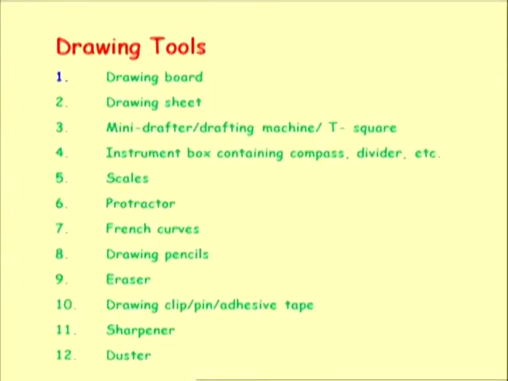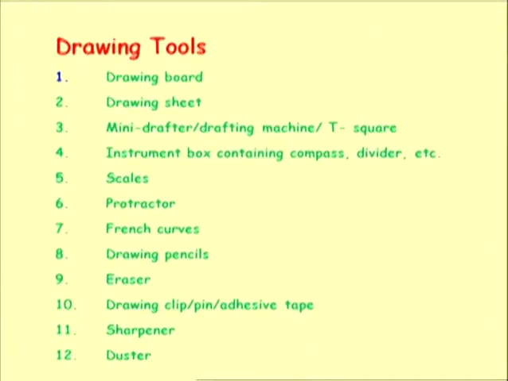There are different sizes of drawing sheets used depending upon the purpose of the application. Then mini drafter, drafting machine, or T-square. Mini drafter and T-square are used by students. Either you can use the mini drafter or the T-square, but professional architects will always use drafting machines.